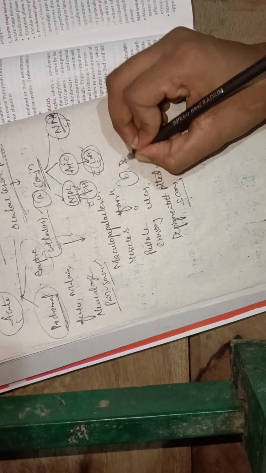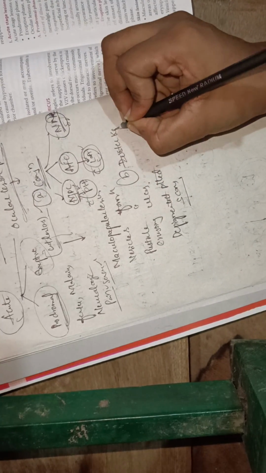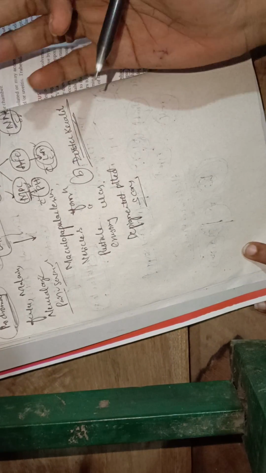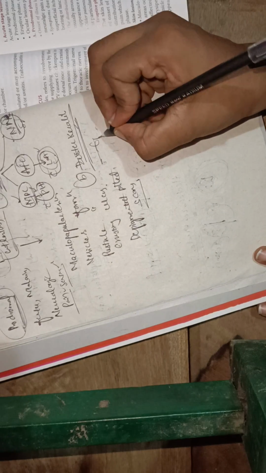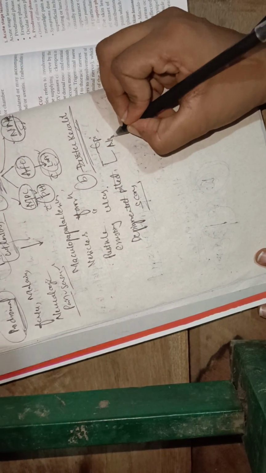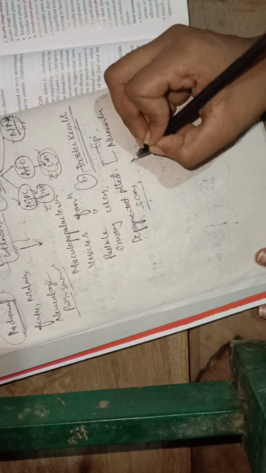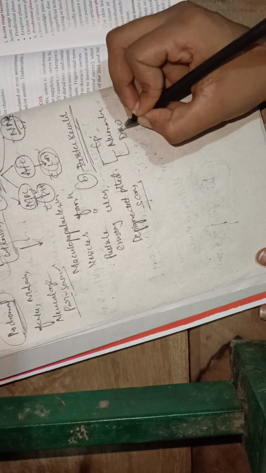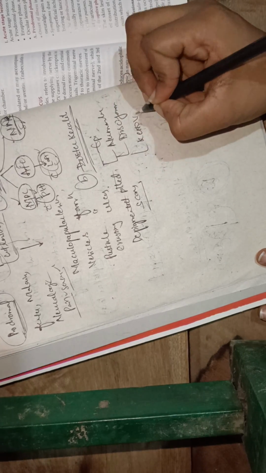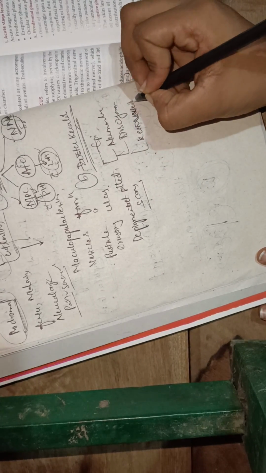Next is keratitis, zoster keratitis. This is the important keratitis. Zoster keratitis has four types: epithelial keratitis, nummular keratitis, disciform keratitis, and keratouveitis.